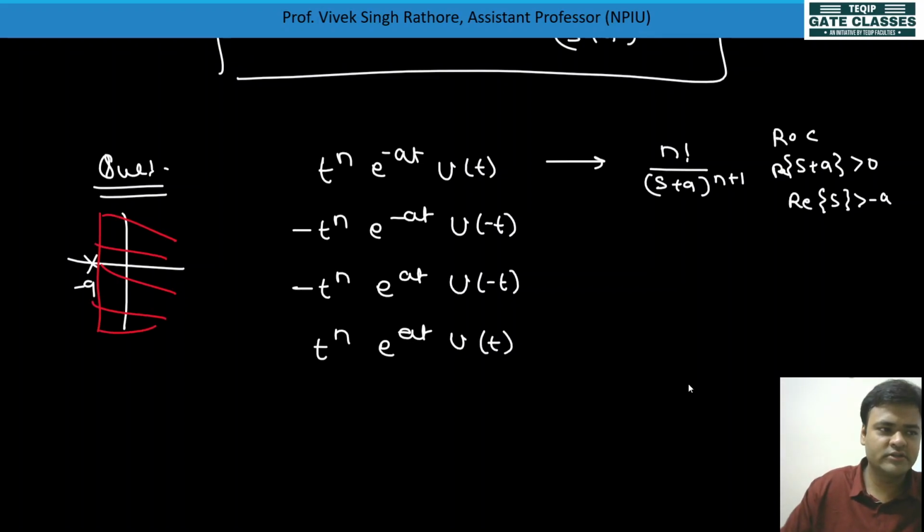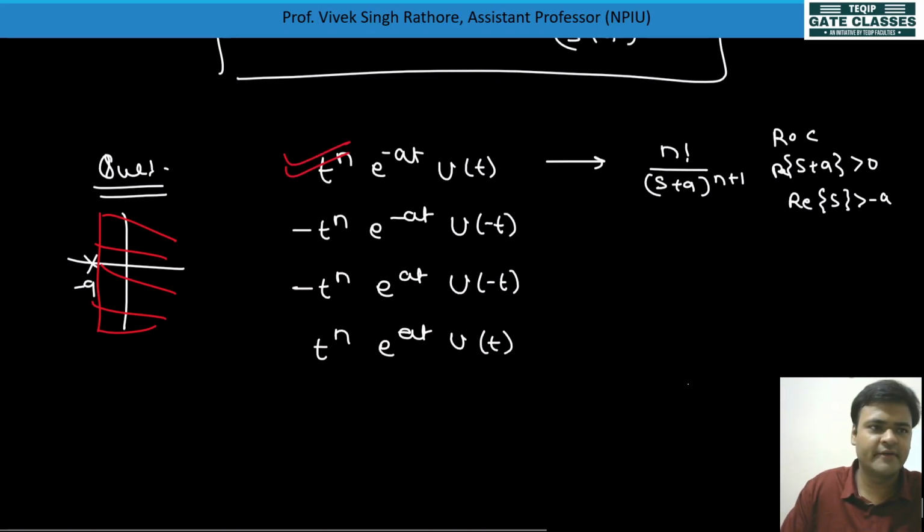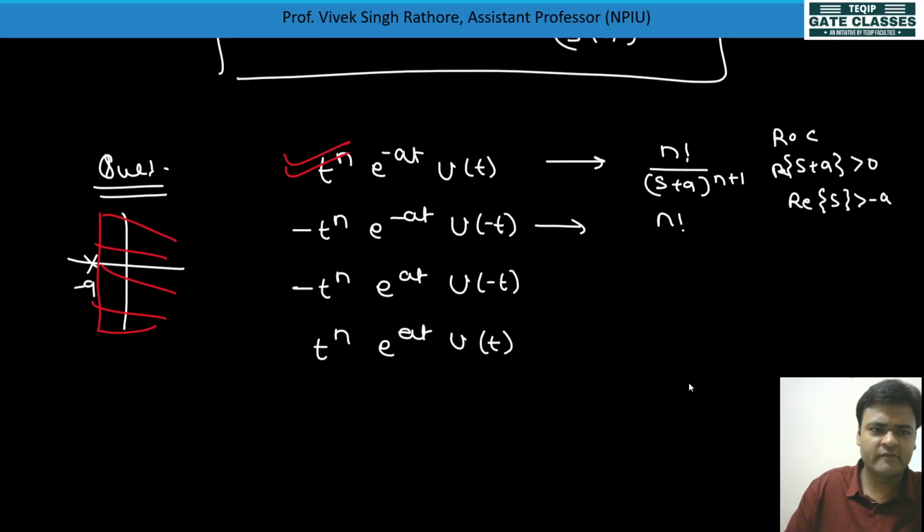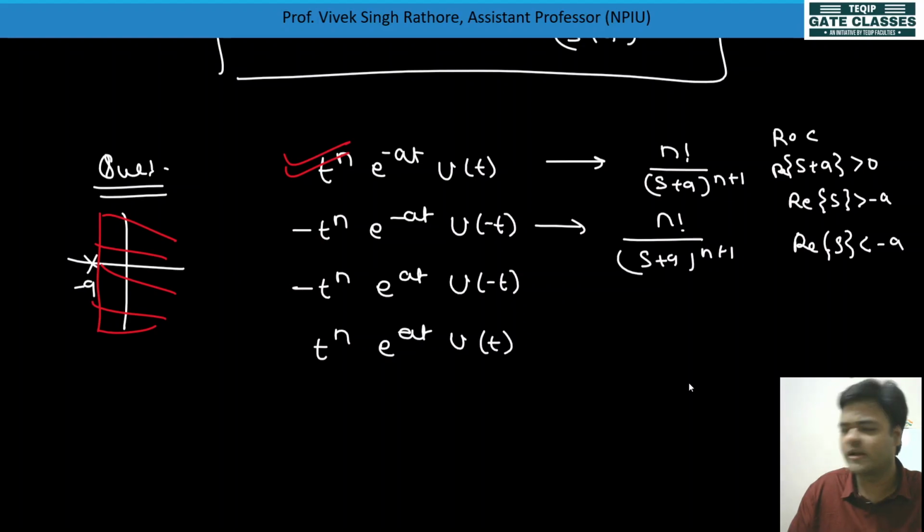It will include the j omega axis, so this system will definitely be stable. See, this is the same system, n factorial by s plus a to the power n plus 1, but this ROC will be real part of s less than minus a. So will it be stable? You will tell, no sir, this is not a stable system.